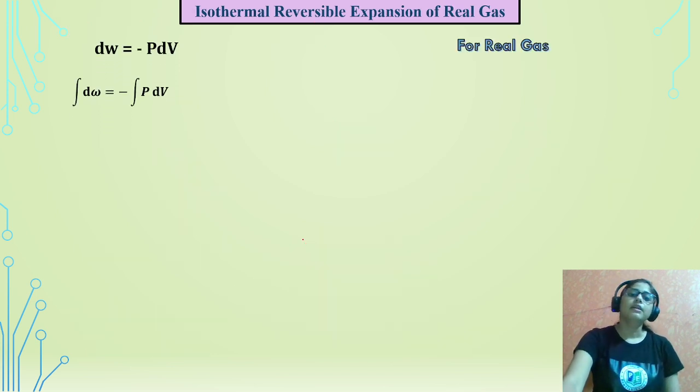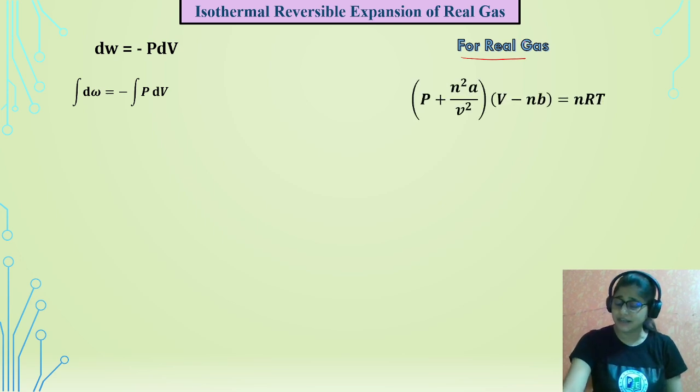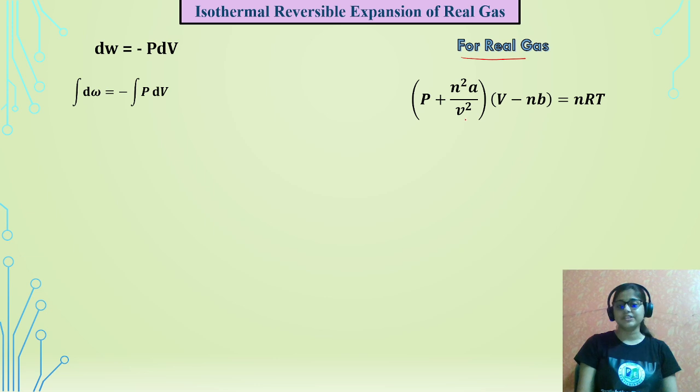Fine. Now coming to the real gas: isothermal reversible expansion of a real gas. So we know dW is equal to minus PdV, and integration will be there. Now for a real gas, the equation is a little different. A real gas is a van der Waals gas, right? So (P plus n²a by V²)(V minus nb) equals nRT.